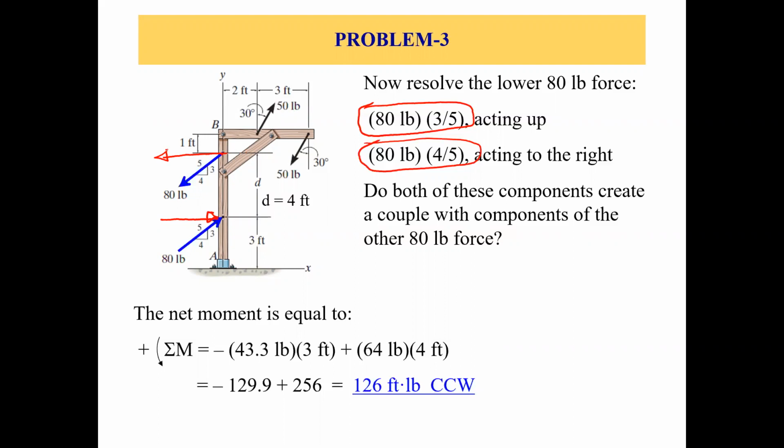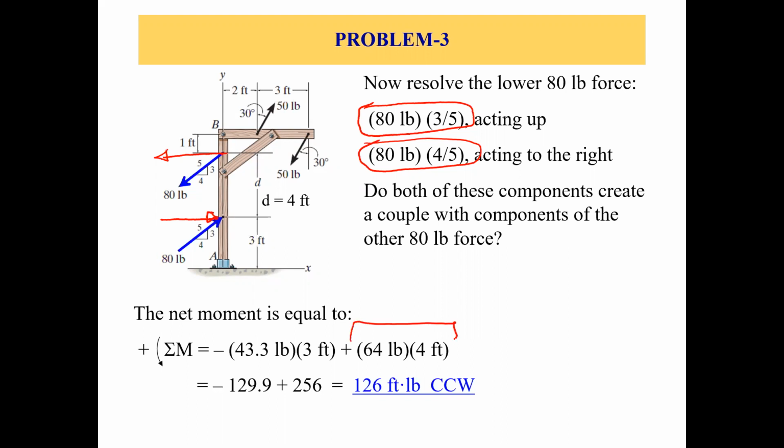They're creating a clockwise moment, so negative 43.3. No, it's a counterclockwise moment, so let's take it positive. So 64 pounds times 4 feet.